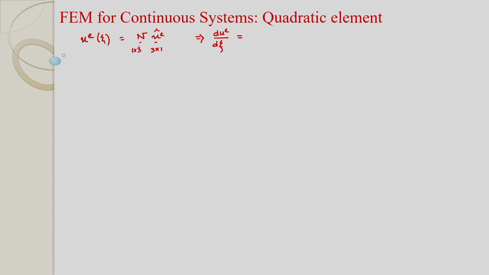Now, N is only a function of xi, so we get the B matrix, dN1 d xi, dN2 d xi and dN3 d xi, times u e hat.